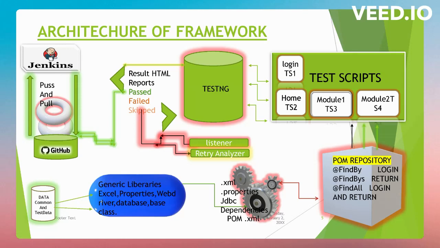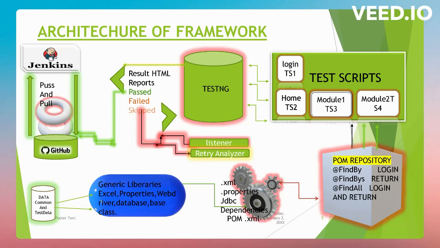Now after the POM repository, we write the test script, and after writing the test script, we use @Test TestNG annotations, and for that we use TestNG files. In TestNG, we get the result in an HTML report. If the tests pass, we go through GitHub, and after push and pull, we use Jenkins and deploy all the results.